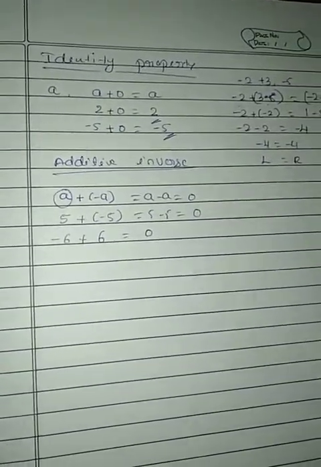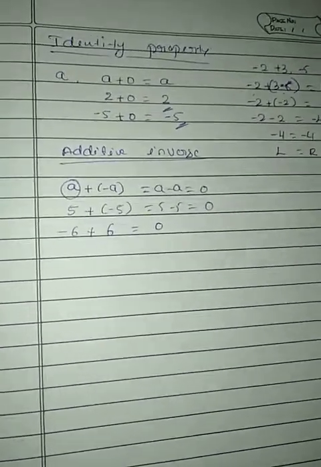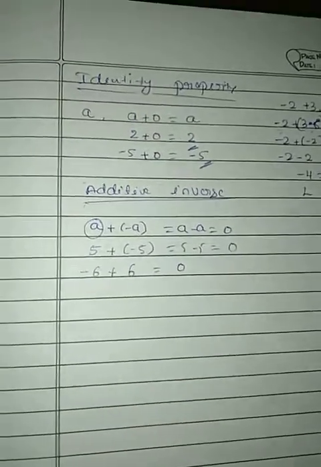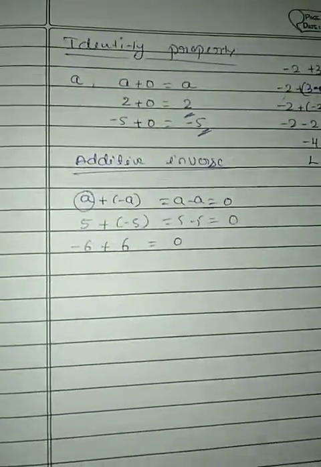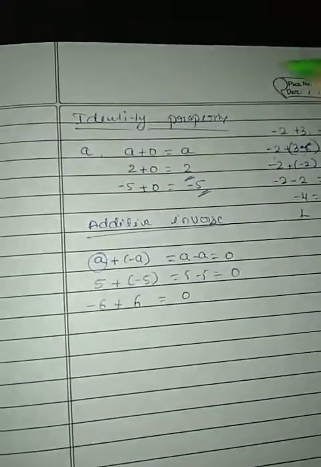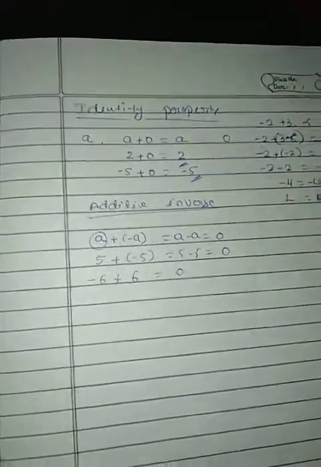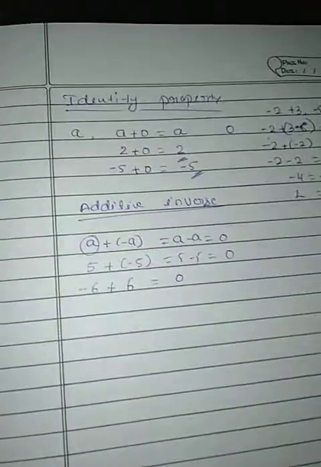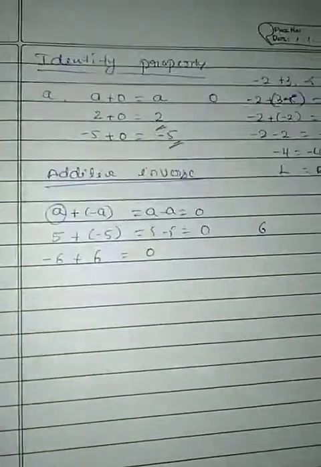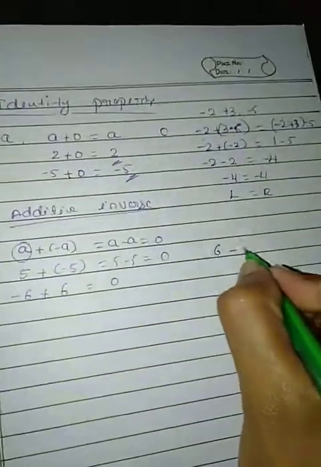So the sum of two integers with equal absolute values and opposite signs is always equal to 0. The additive identity element is 0. If they ask you to write the additive inverse of the given integer 6, the additive inverse is -6.